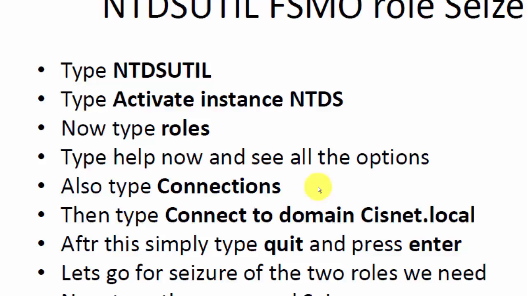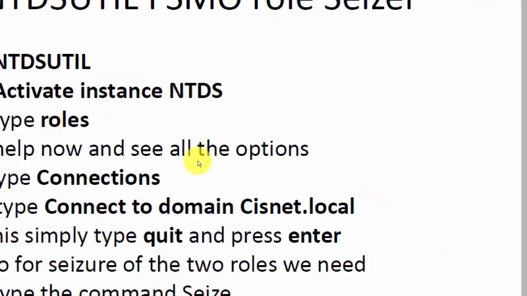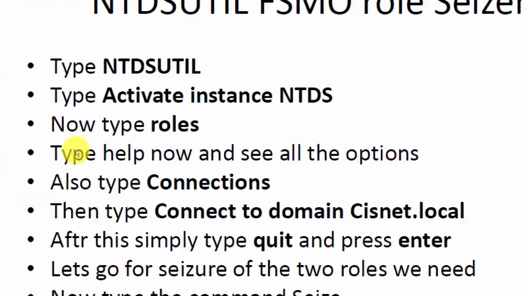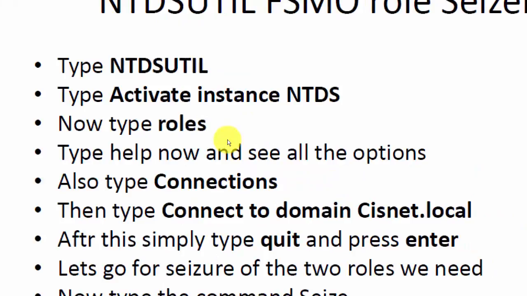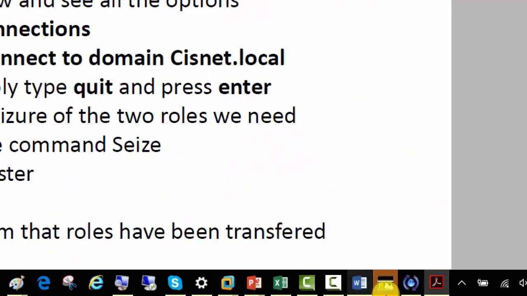So ntdsutil is the command which has everything to do with the domain controllers, and there will be another lab where we do that. Then instance of NTDS is separate. You can work at one time in 2 or 3 instances of NTDS doing other domain controller jobs, right? So this is just one independent instance where inside we are running some commands, so it's like a shell. It's an independent shell. So activate instance NTDS, roles, connections. I hope anybody remembers that.